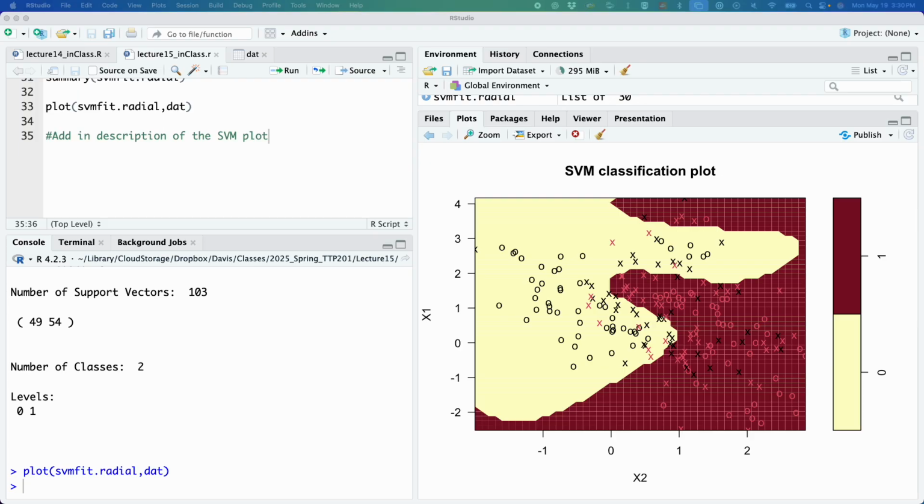And then X is our response slash dependent variable. Or sorry, sorry, yes. Response.